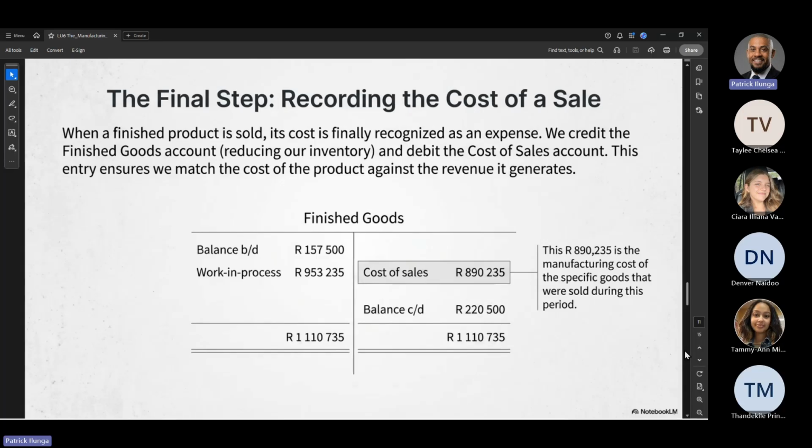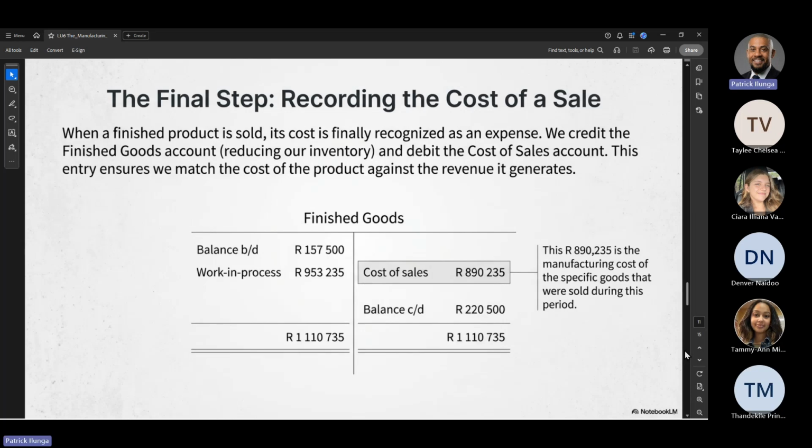Because you can finish manufacturing products, but that doesn't mean that automatically they are sold. So you need to make a difference between finished goods manufactured and finished goods sold. Does that make sense?